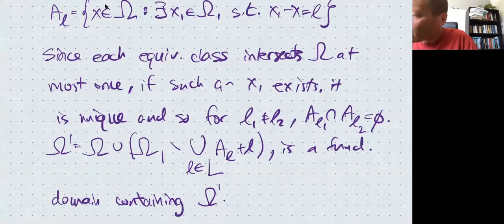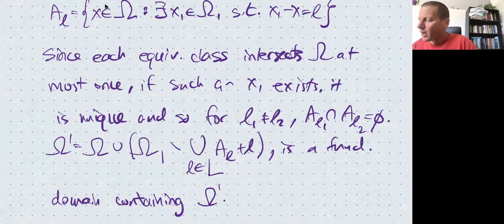All the equivalence classes that are already represented by elements of omega, I just keep them. And if there are classes which I've missed, then they are represented by some element of omega 1, and they're not equivalent to anything already represented by omega prime. In other words, this set here is the set of elements of omega 1 which are representing the same classes represented by elements of omega. I don't want to use them again, so I throw them out, and what's left over is representatives for all the other classes. So that's the proof of the lemma.